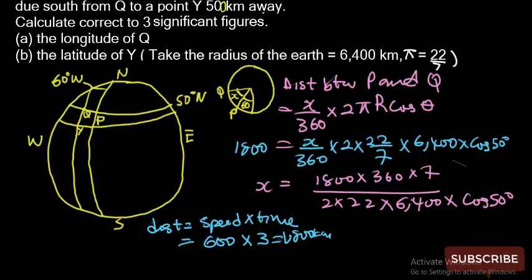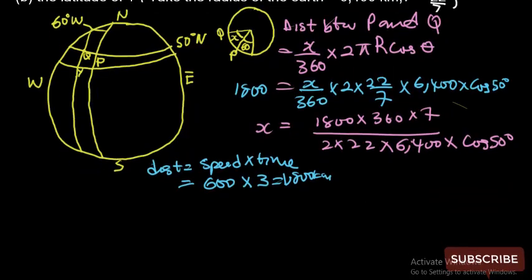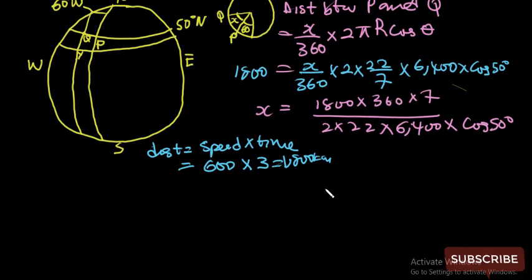Okay, so if you punch that in your calculator, you are finally going to arrive at X equals 25 degrees approximately. That is the longitudinal difference, so now we have this as 25.